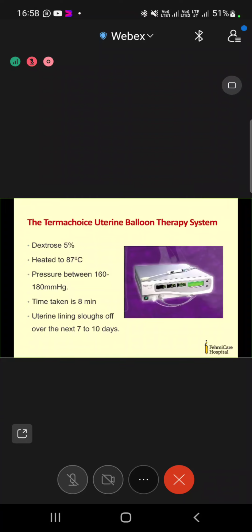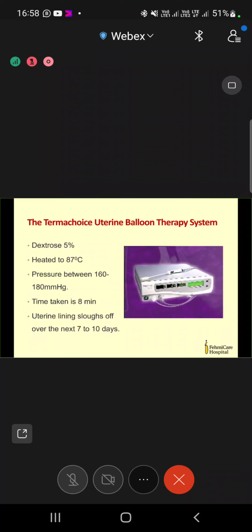What you have to do is, the syringe is attached. Once you push the dextrose into the balloon, it shows a pressure of 160 and plus. You maintain the pressure between 160 to 180 millimeters of mercury.